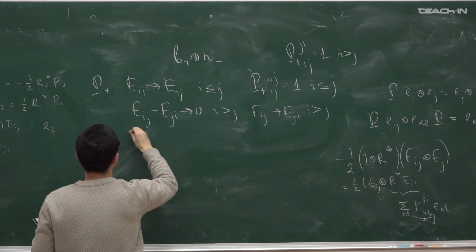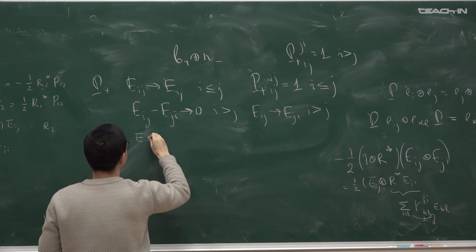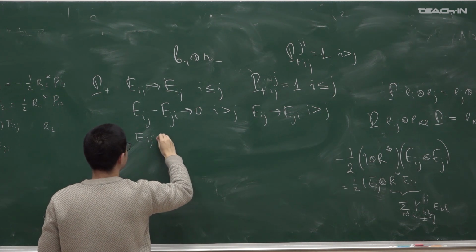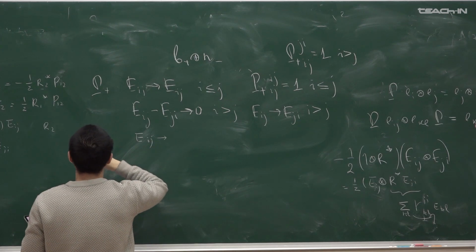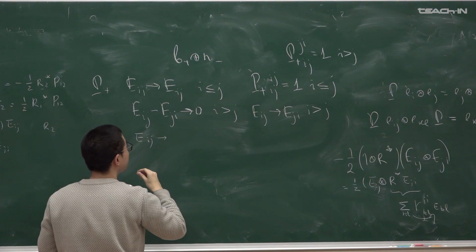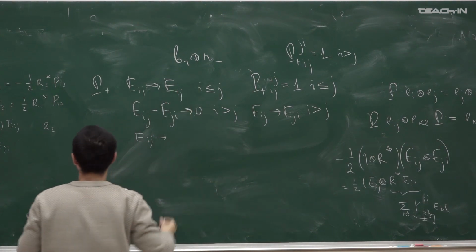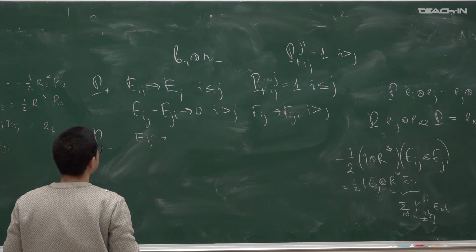For P minus, it sends Eij to, because it's SO, and along P plus, all elements of P plus go to 0.